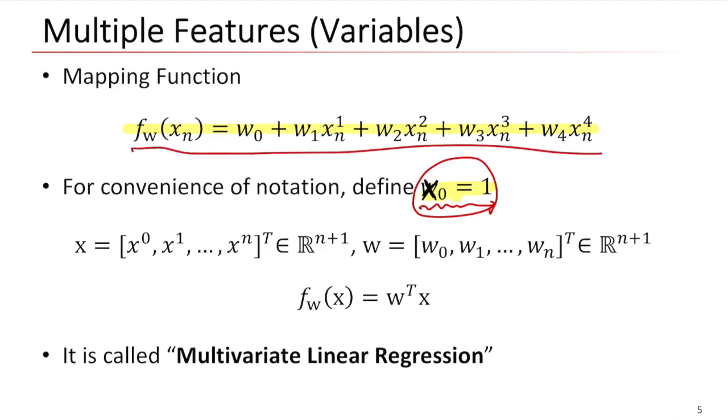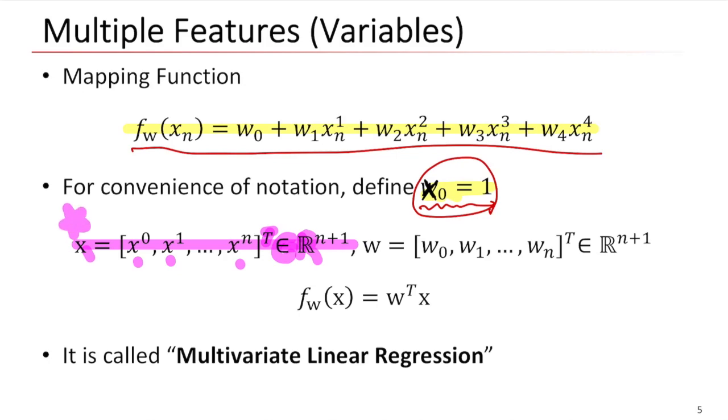We can represent our multiple input variables. So what does that mean? Multiple input variables can be represented in a vector notation, right? Like this. So we can say that the vector x is equal to x0, x1, x2 through xn, transpose, lying in the real number space R superscript n plus 1. Do you remember the vector notation?